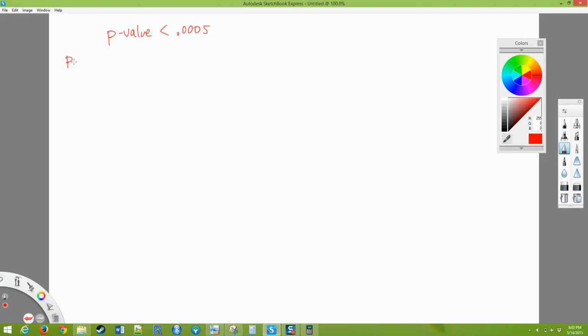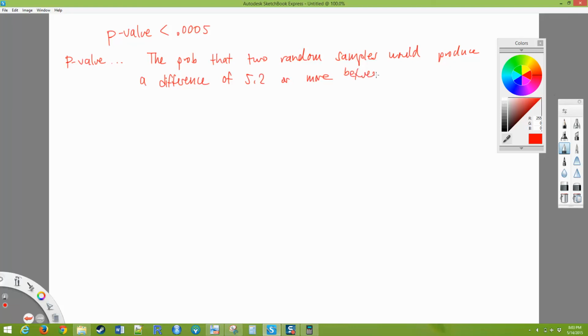Our p-value states that the probability that two random samples would produce a difference of 5.2 or more between sample means by random chance alone is less than 0.0005.